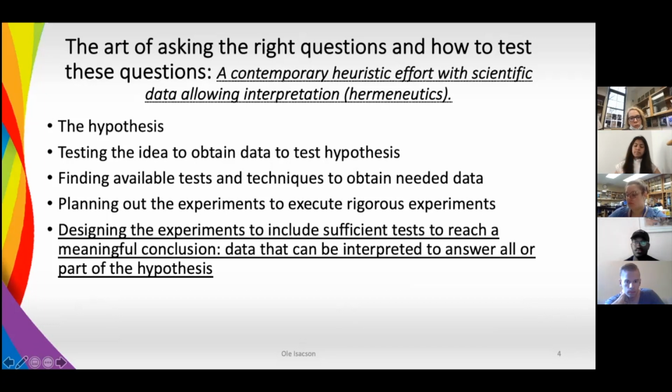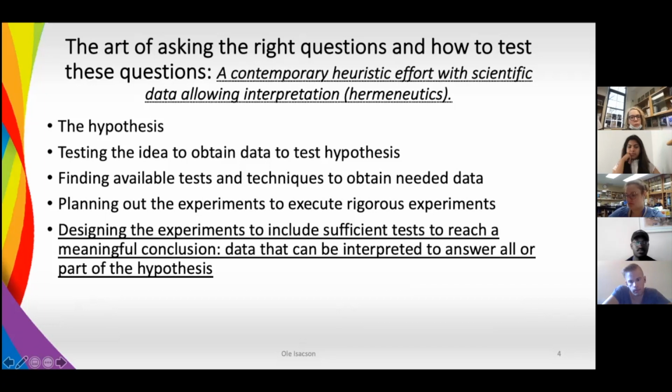To really give you some words that you may not have heard before, the way I'm trying to say that in simple terms is what's also known as a heuristic effort. The heuristic effort is asking the right questions to get an answer. I think it's an old Greek practice. And the data you obtain allows you to interpret. That's what we call the discussion of a paper.